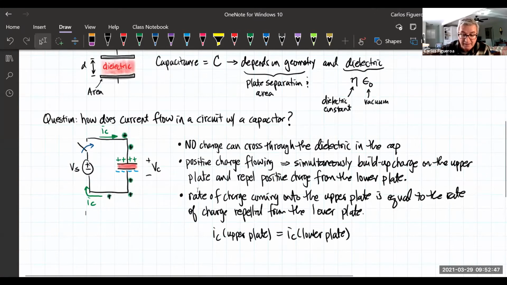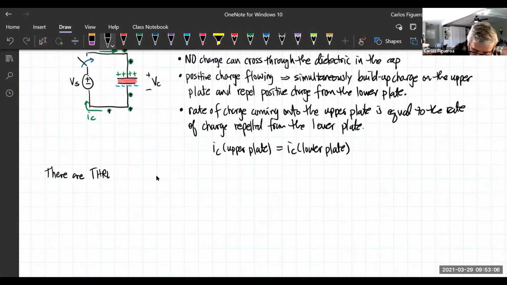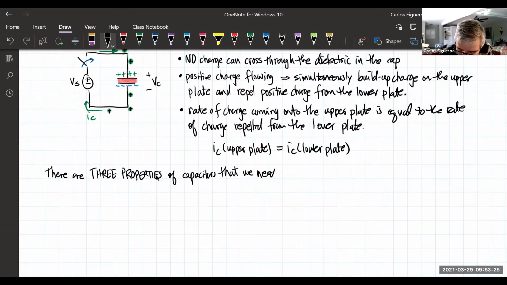Now, we haven't talked about time dependence, but that's what we really have to start to look at. So to understand, there are three properties of capacitors that we need to know.